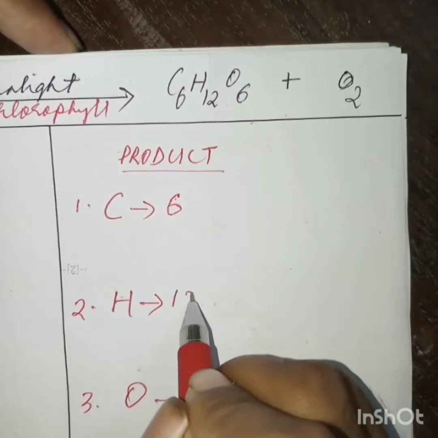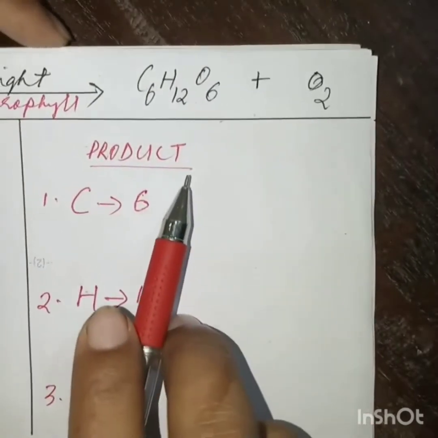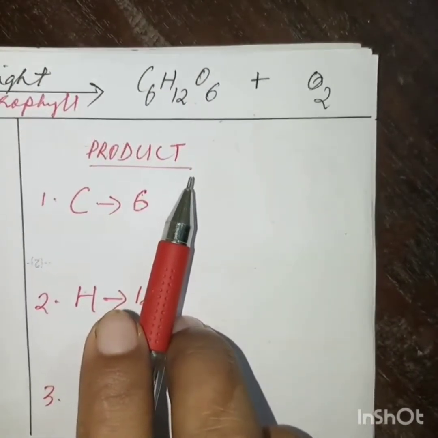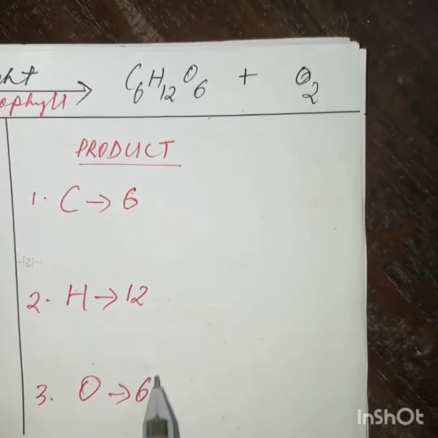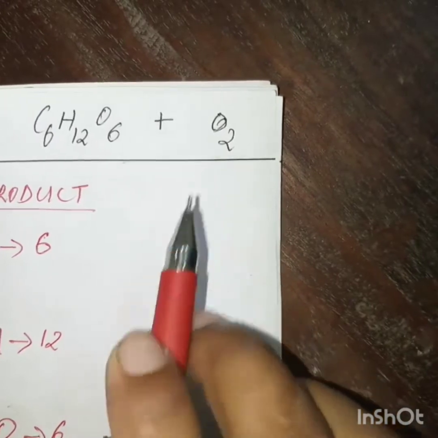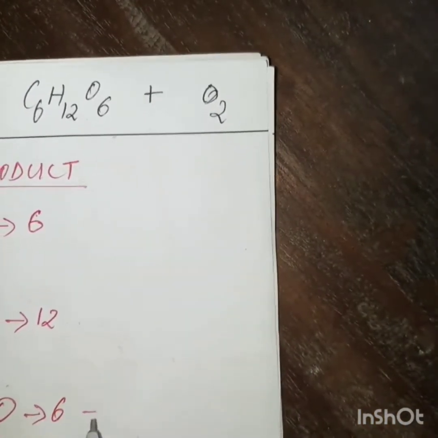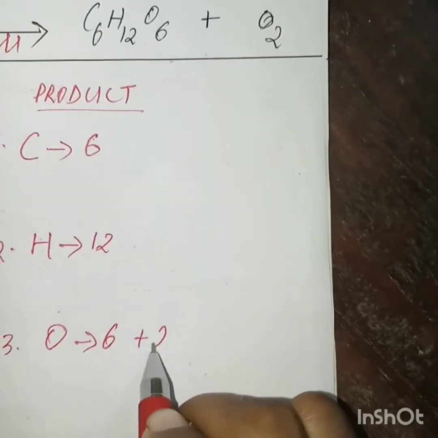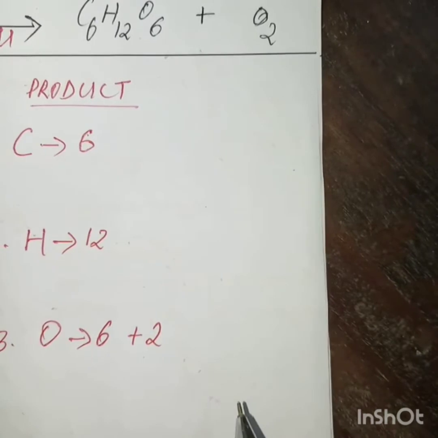We have 12 hydrogen atoms. And oxygen, how many do we have? We have 6, and then the other one plus 2. You can add it up, or you can do it separately. That will be much easier.